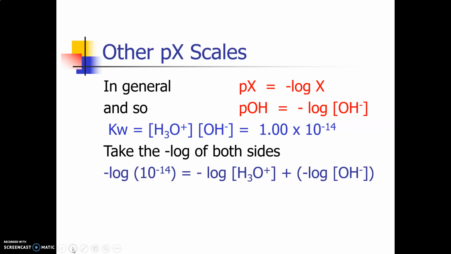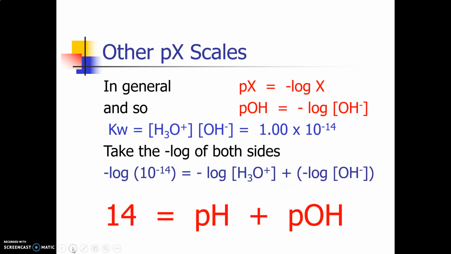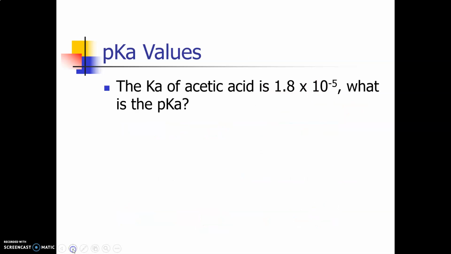Minus log 10 power of minus 14 equals minus log, because multiplying in logarithm means adding, right? So the pH and the pOH equals 14. When you add them, they equal 14. This is just information.